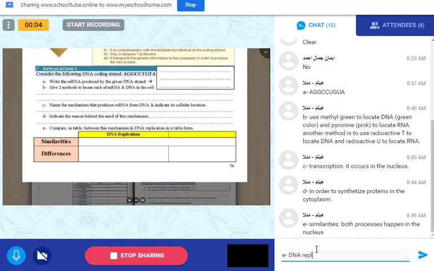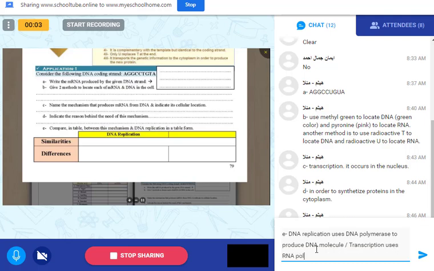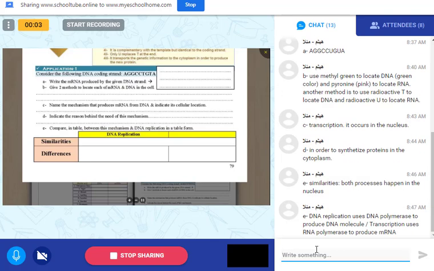DNA replication uses DNA polymerase enzyme to produce DNA molecules, while transcription uses RNA polymerase to produce messenger RNA. So it will be the opposite.